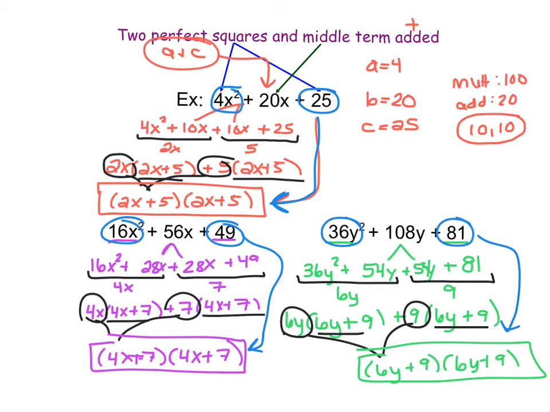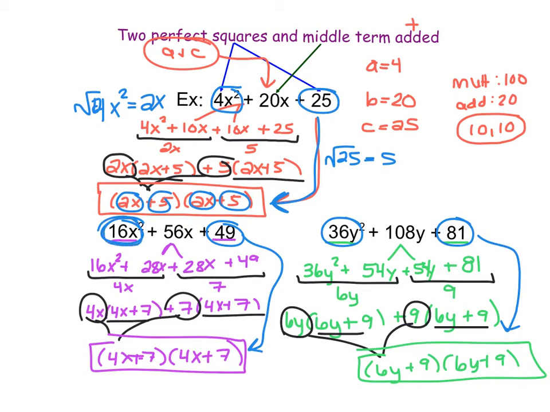And what you should also be noting is that if you square root A and C, so say we square root 4x squared, that becomes 2x, which is the first number in each parenthesis. And if I square root my 25, I get 5, which is the second number in each parenthesis. And then if I look down below, I start to see the same thing.